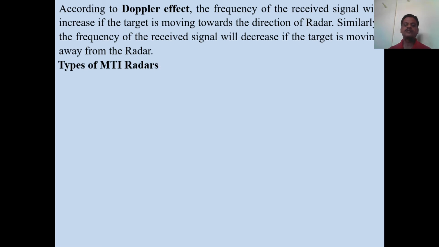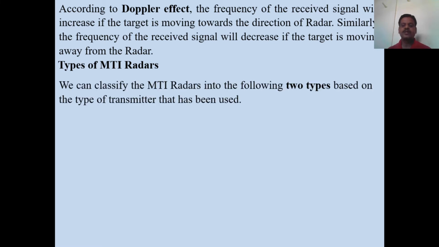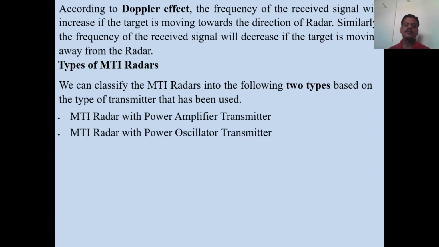Now let us see the types of moving target indicator radar. There are two types of MTI radars, based on the transmitter used in the radar system. The first one is the MTI radar with power amplifier transmitter.